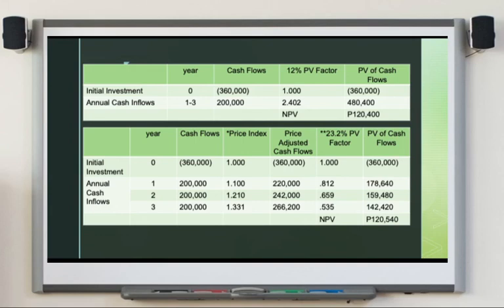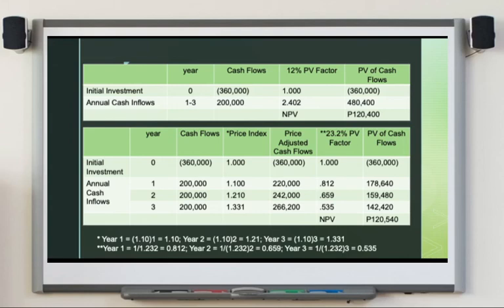So how are we going to compute the price index? Well, for year one, you simply add the 10% increase. For year two, you need to square 1.10, and then for year three, you raise 1.10 to the power of 3, and you will arrive at 1.331.